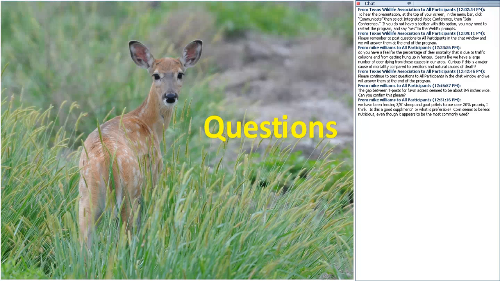Yeah, that's a great question. Most of my experience, actually all of my experience, is in South Texas, and so I think the deer that we've studied have been less susceptible to those types of mortality sources than in other places in Texas. That having been said, we have had our collared deer get hit on public roads.